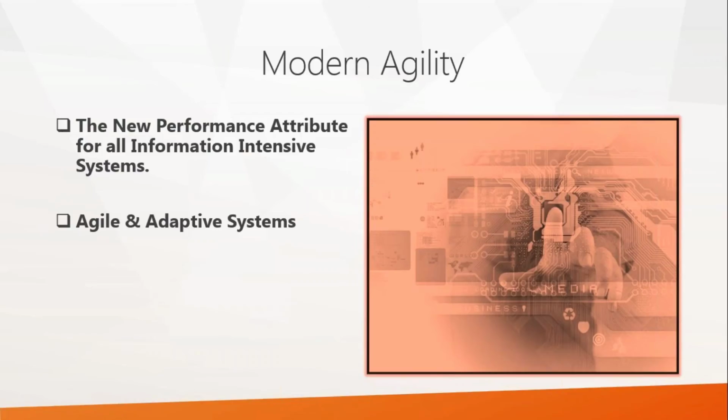And as you will see in a moment, we're going to expand the definition a little bit in our understanding of what we mean by agility or agile systems, and we're going to add another feature to that, which we call adaptive systems too. Okay, so modern agility.